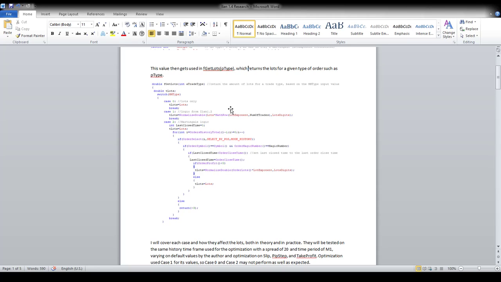Now in case 2, where it goes into martingale logic, it initializes last close time equals 0 and T lots equals lots.